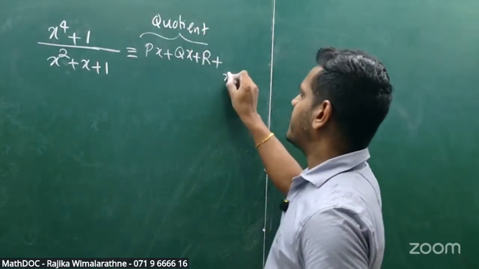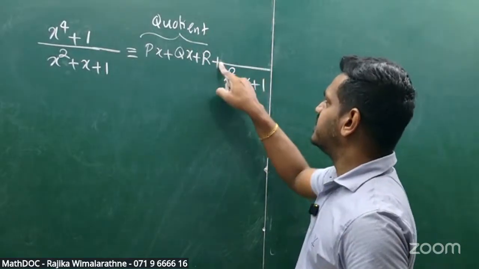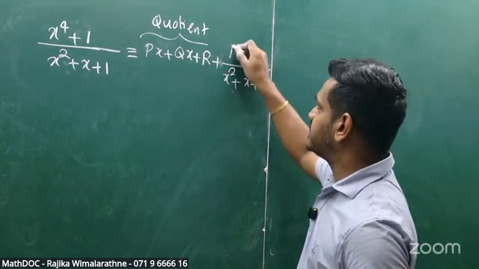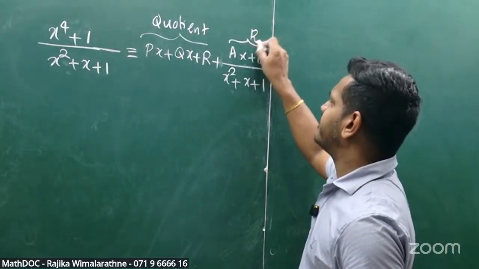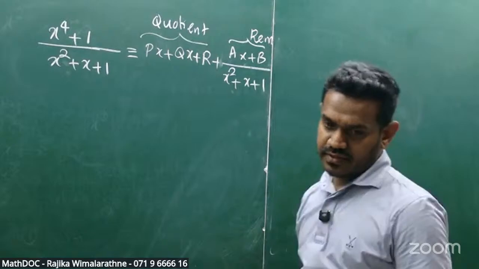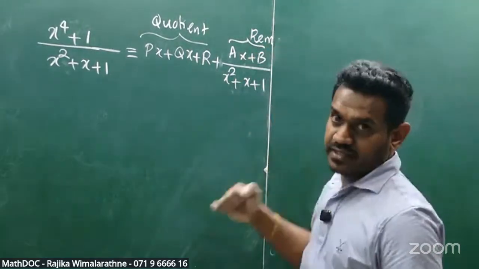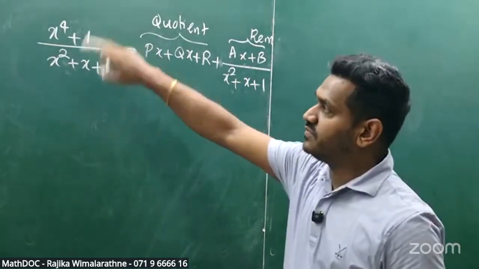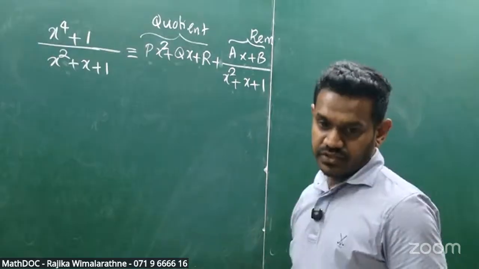Then x squared plus x plus 1 is quadratic, no? Then power 1 relation, write ax plus b. This we call the remainder. Power 2 relation, so the remainder will be linear. Here power 4, power 2, difference power 2, so px squared plus qx plus r will be the quotient.